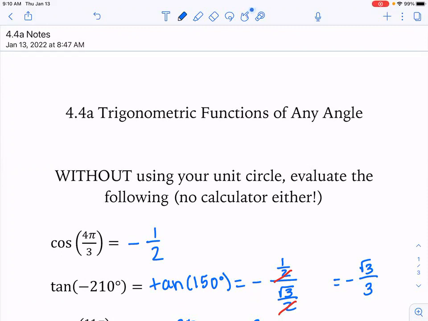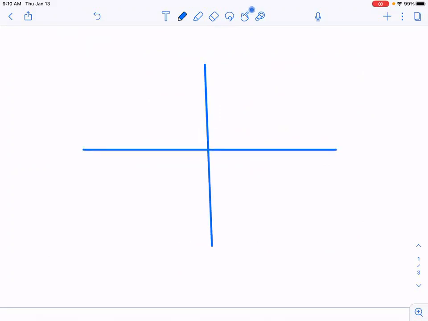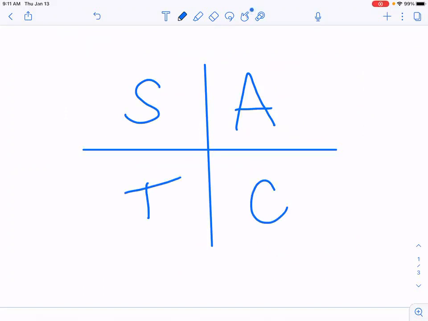Let's remind ourselves that in the coordinate plane, all students take calculus. All of our trig functions are positive in the first quadrant. Of the 3, sine is the only positive in the second, tangent in the third, cosine in the fourth.